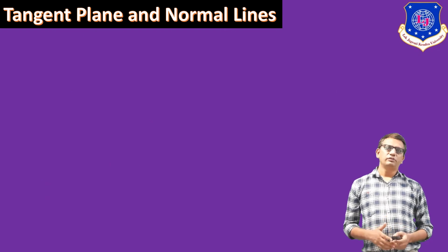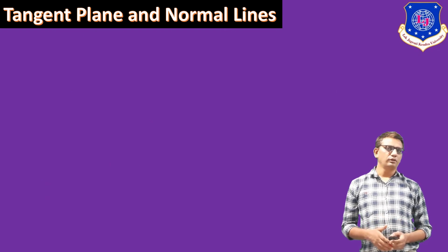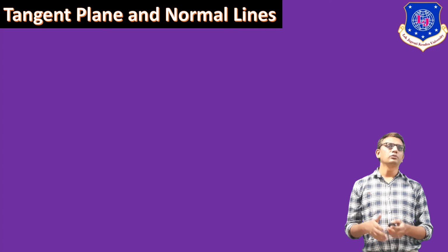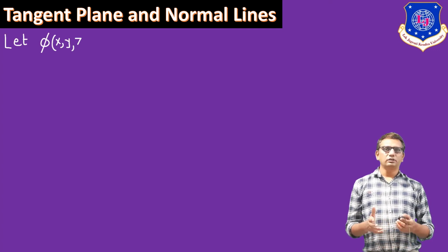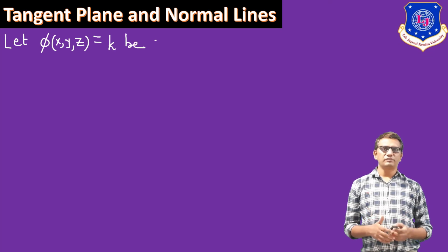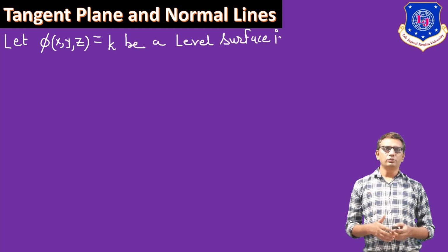And now we will discuss the tangent plane and normal line. It is also similar to the gradient and directional derivative. So here phi is a level surface and it is denoted as phi of (x, y, z) equal to k.